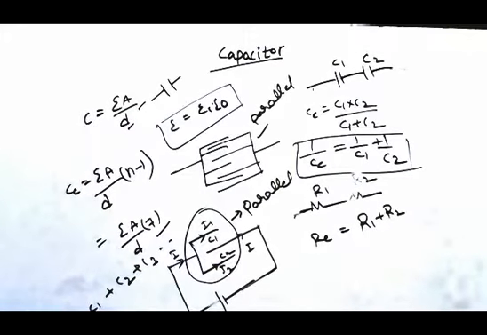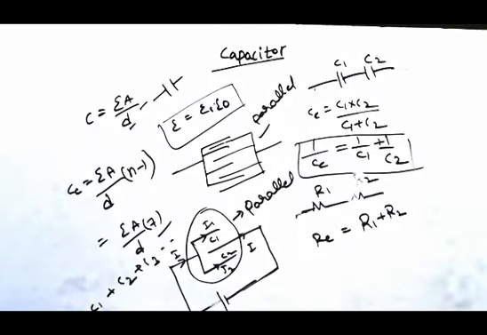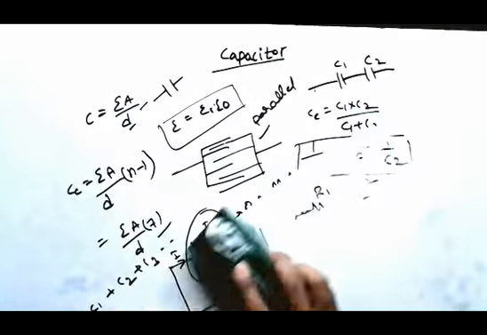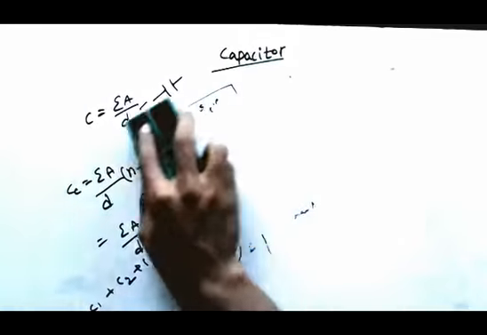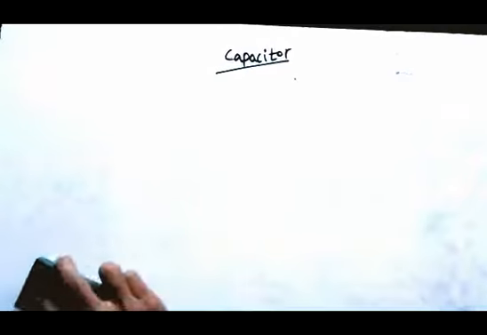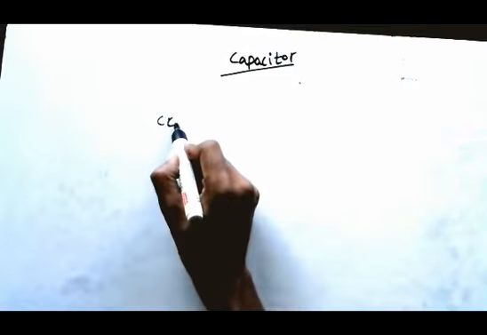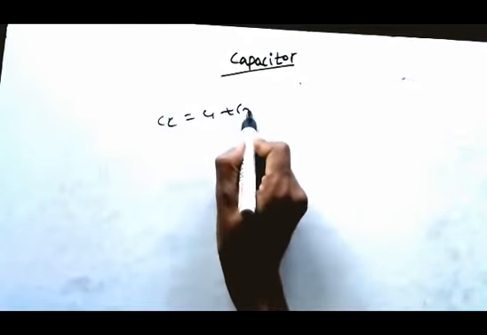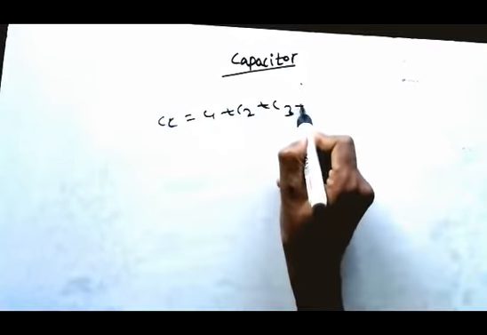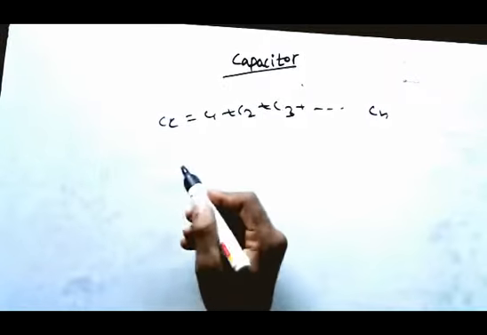C equivalent is equal to C1 plus C2 plus C3 and so on up to Cn.